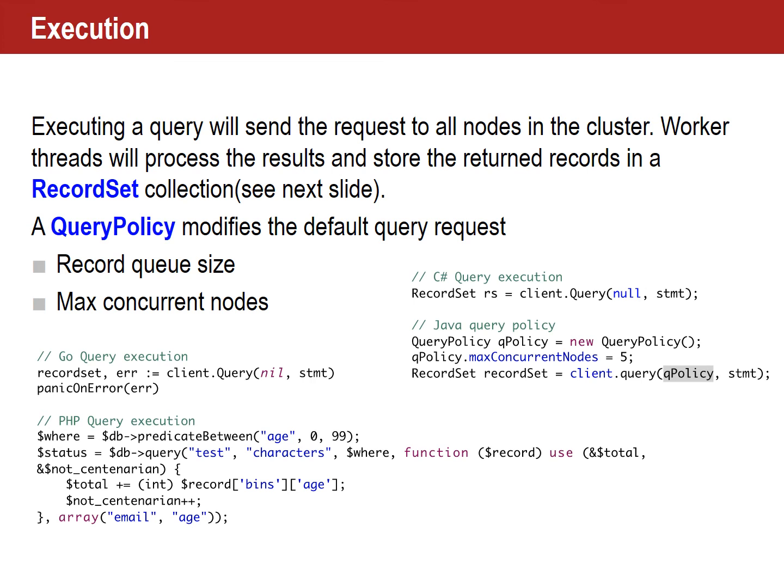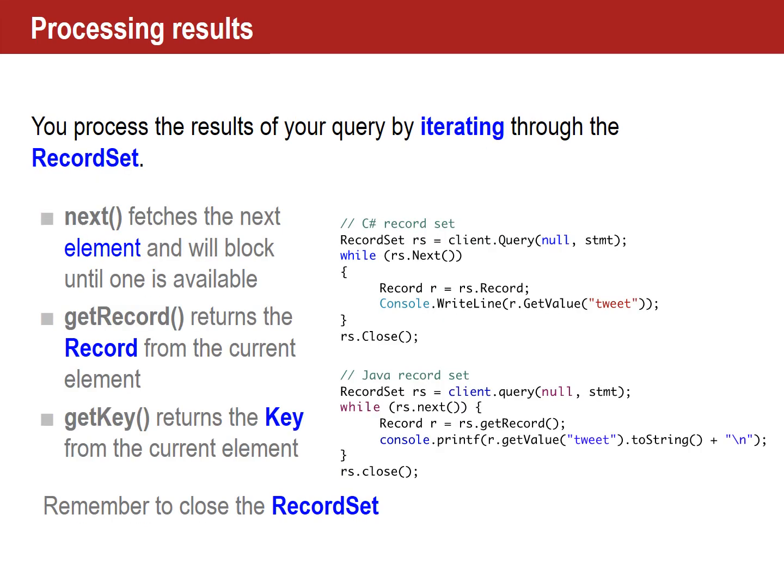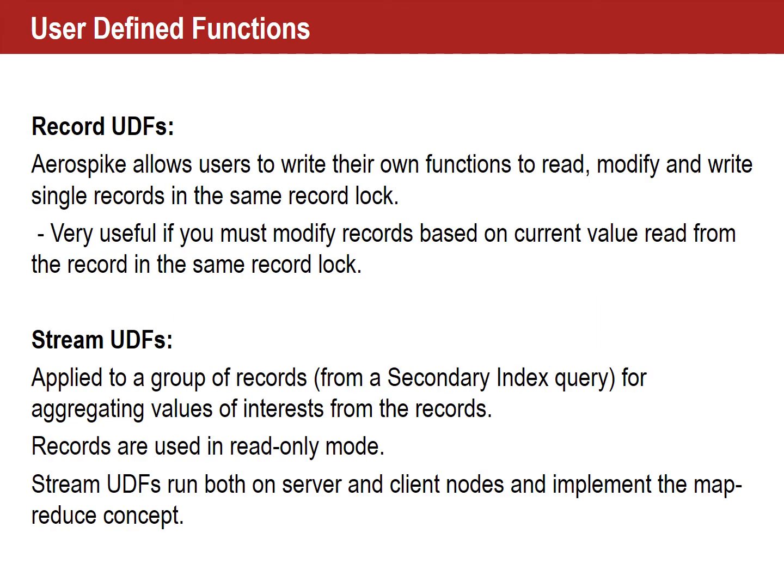Now, on this subset of records, you can either consume them as they come once you execute the query. So this is the syntax for executing the query. So you get a record set and you would consume as they come. Or you can additionally apply user-defined functions to these set of records obtained from a secondary index query.